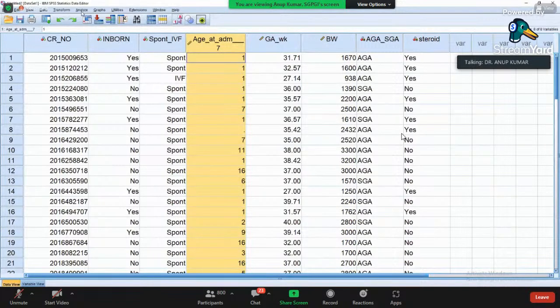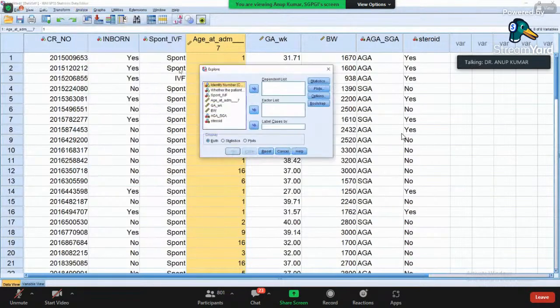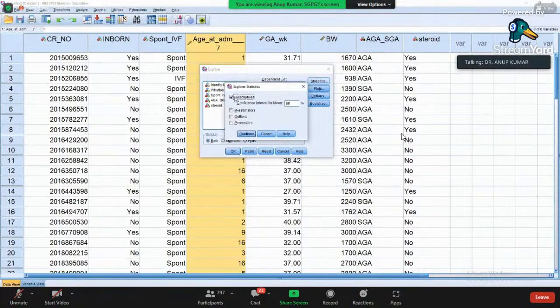For doing this, we should go to Analyze, Descriptive Statistics, and then Explore. Then select your dependent list. I'm selecting all these 3, and then I'm going to click on Statistics, and this is the descriptive statistics, and confidence interval for mean will also be given.